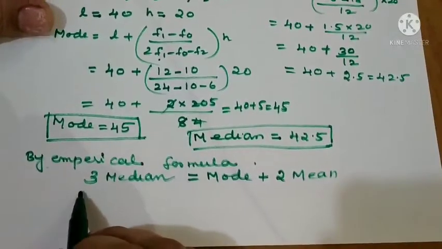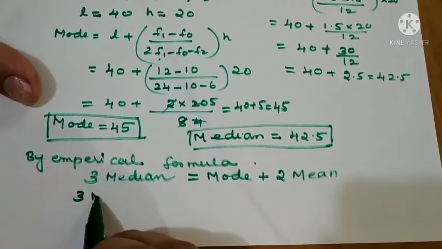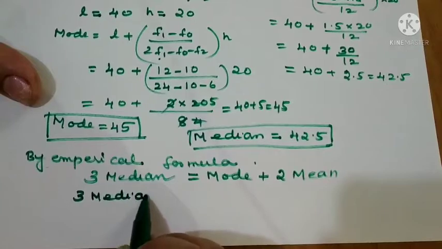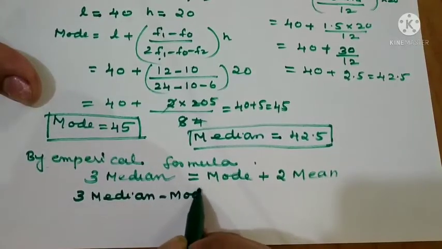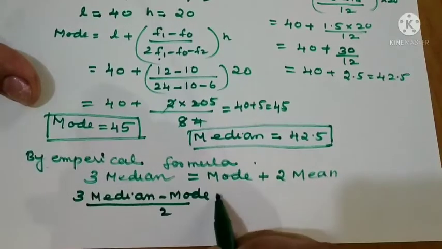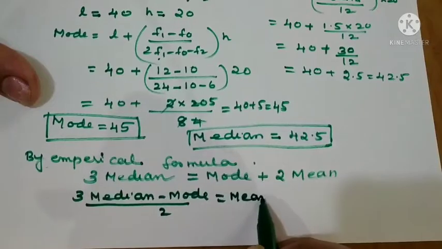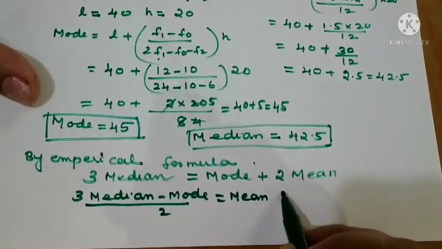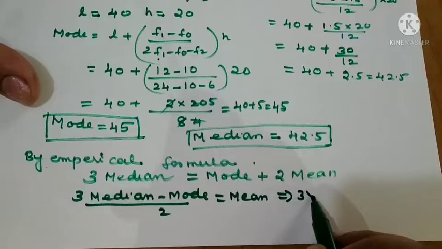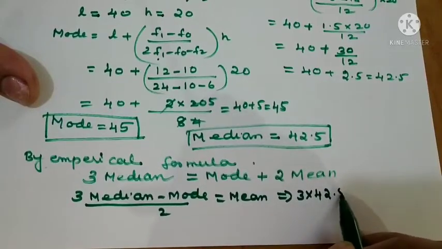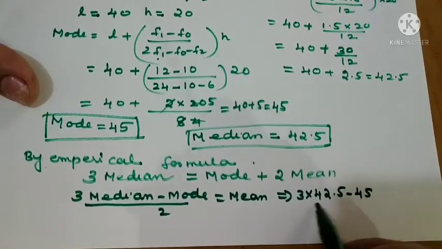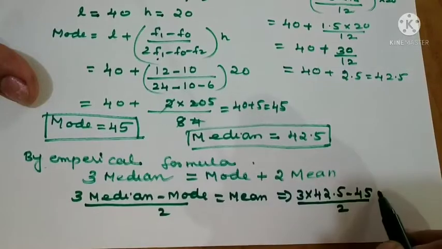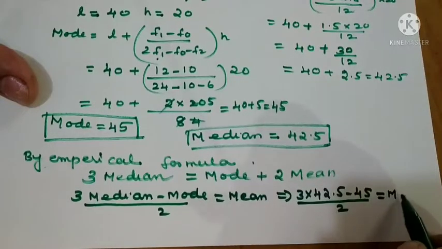Mean we required, so 3 median minus mode divided by 2 equal to mean. So implies 3 into 42.5 minus 45 divided by 2 equal to mean.